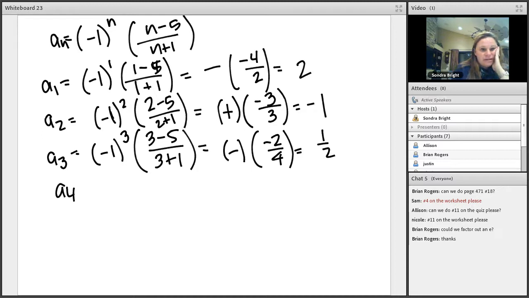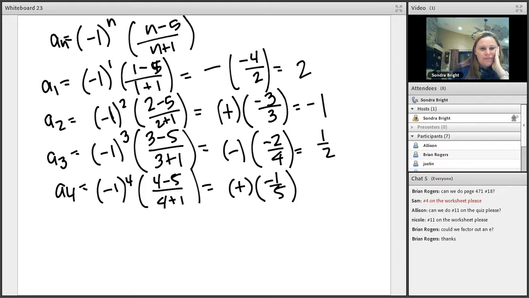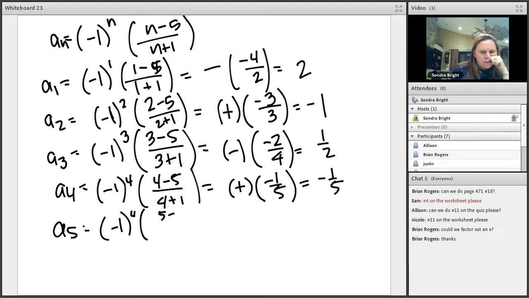And then the fourth term, maybe this wasn't super helpful: 4 minus 5 over 4 plus 1 gives you a positive and a negative 1/5. At some point it should level off, and you're just getting closer and closer to 1. Well, no, negative 1, positive, it just keeps going back and forth. What is that? The fifth term, 5 minus 5 over 5 plus 1, that ends up giving you a 0.